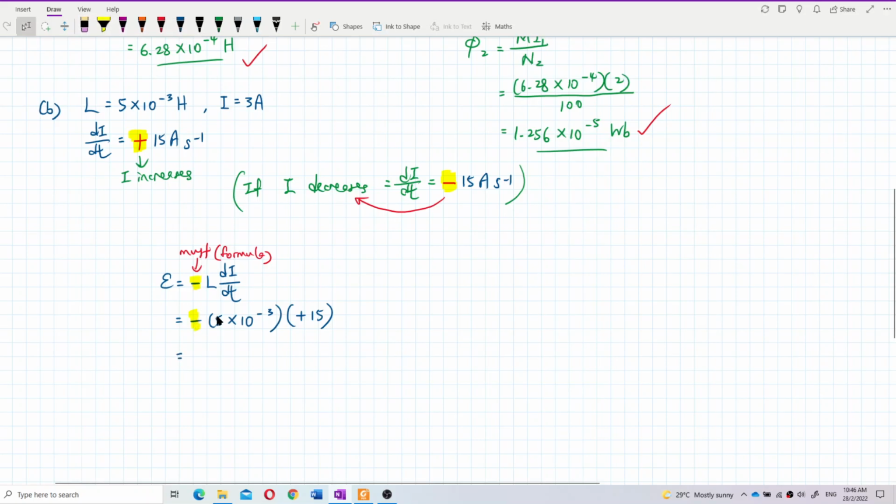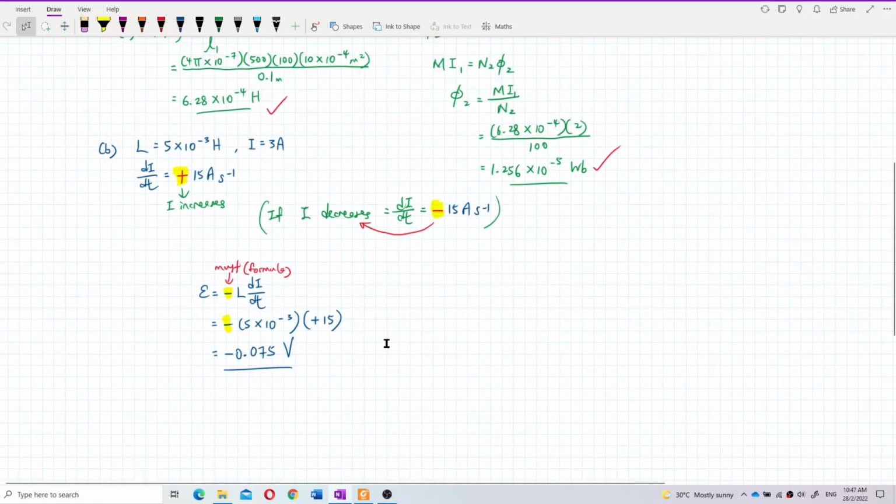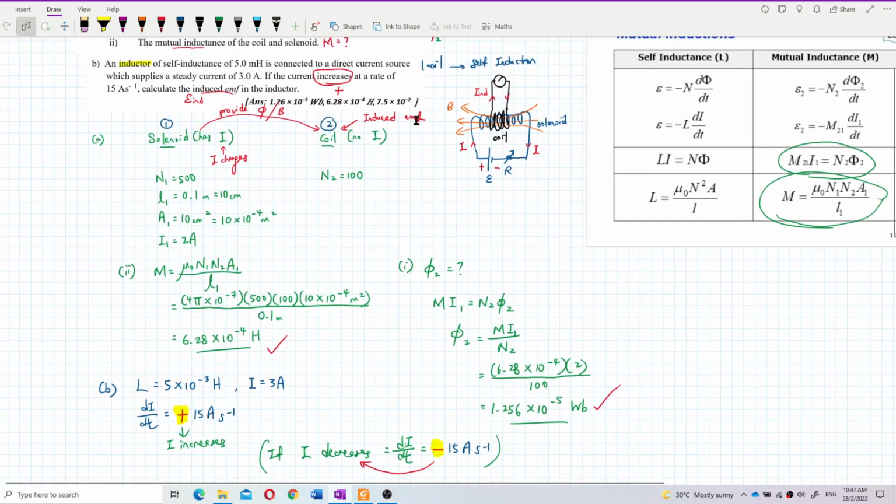So what's the answer? Let's calculate. Negative 5 exponent negative 3 multiply 15, so it's negative 0.075 volt. Don't forget the unit. Okay, am I right?